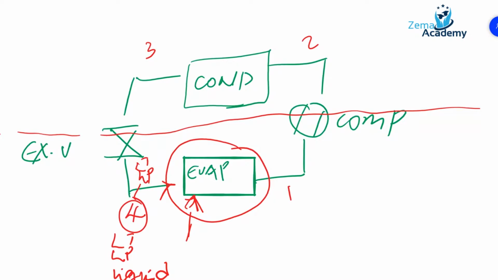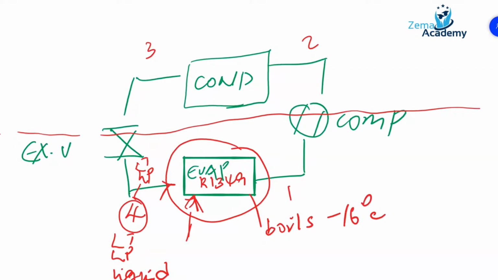For instance, taking R134A as an example of a refrigerant, it boils at minus 16 degrees C. As you can see, it boils at a very, very low temperature.